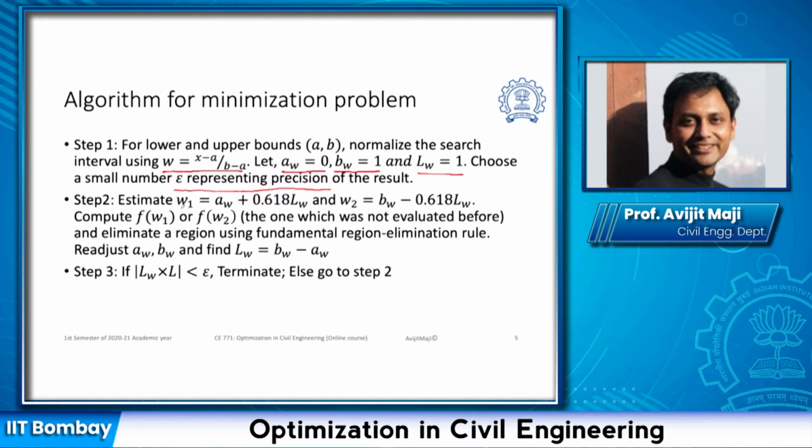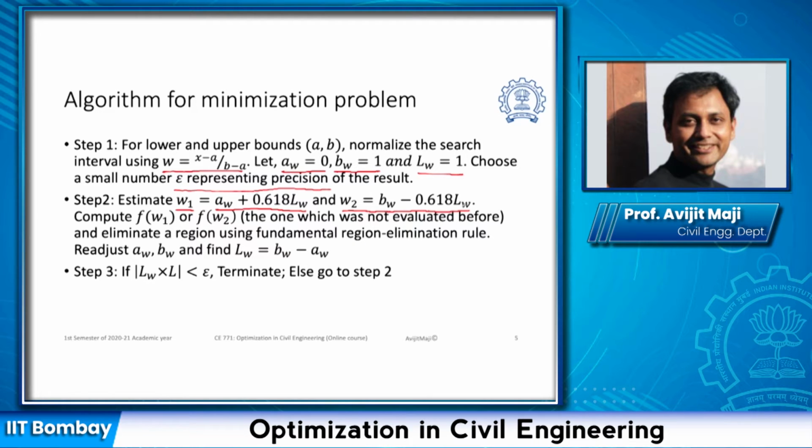For that purpose, we find the point W1, which is going to be the lower bound plus 0.618 times the length of the search interval, and W2, which, if we take it from the other end, is BW, the upper bound, minus 0.618 times the width of the search interval.